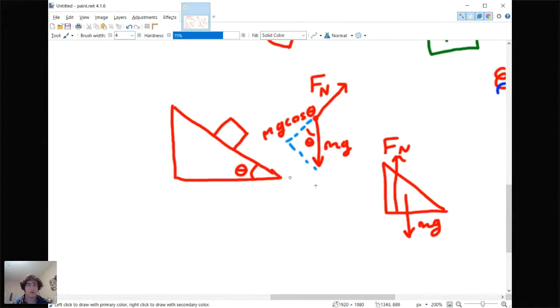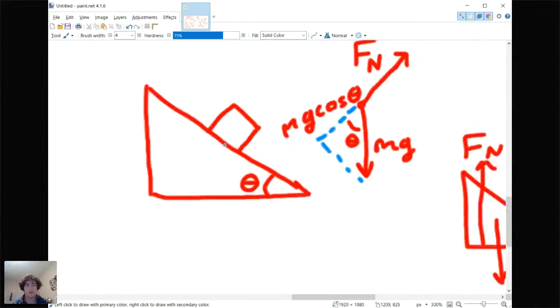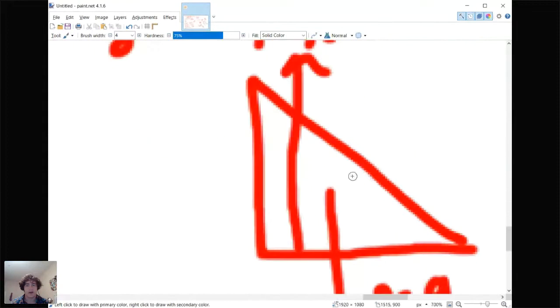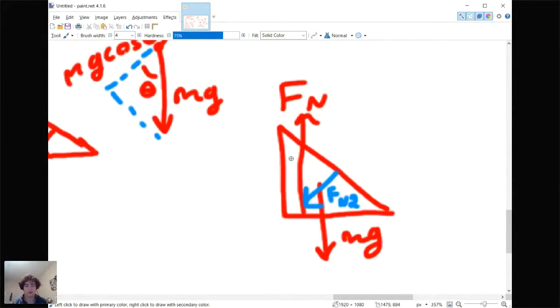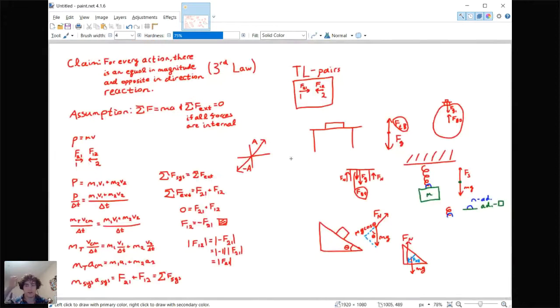Thinking about the interaction with the box, there's also going to be a normal force acting from the box. We're going to call that Fn2 because this one's Fn. There's a normal force acting from the box onto the plane.